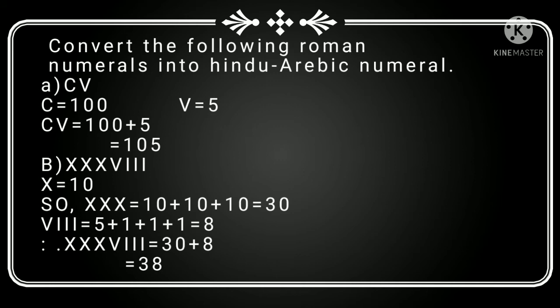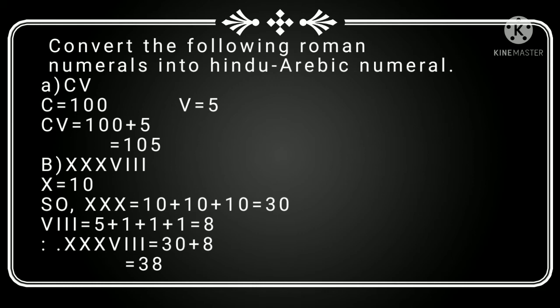Now let's see how to convert the Roman numeral into Hindu-Arabic numerals. For example, CV. For converting it into Hindu-Arabic numerals, we need to apply all the rules. CV, C stands for 100 and V stands for 5. As the smaller Roman numeral is written on the right of C, we need to add. So CV is equal to 100 plus 5, that is equal to 105.